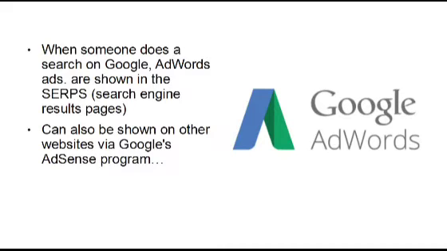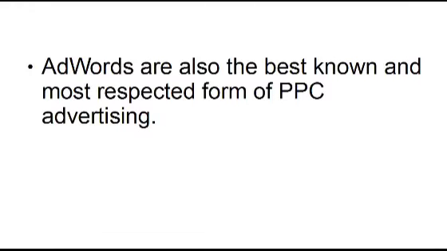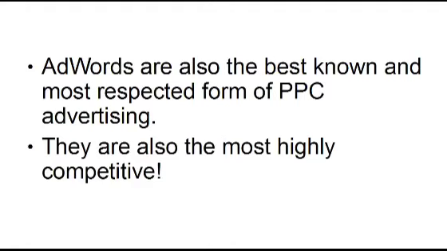You can also show an ad on somebody else's website via Google's AdSense program, meaning you can reach a very wide audience with Google AdWords. AdWords are also the best known and most respected form of pay-per-click advertising, but they're also the most highly competitive.